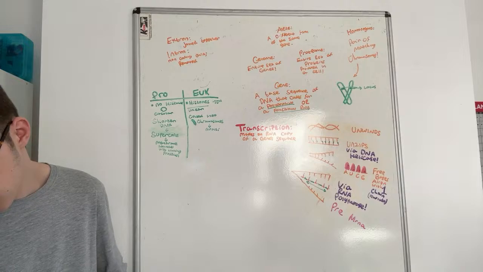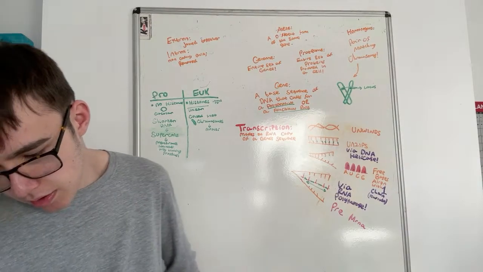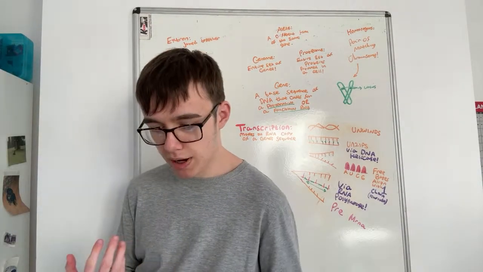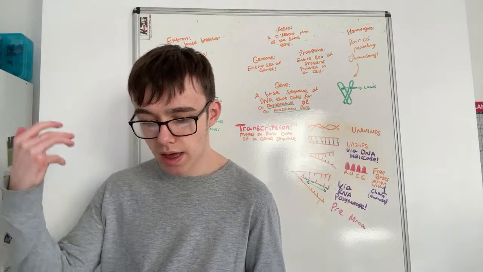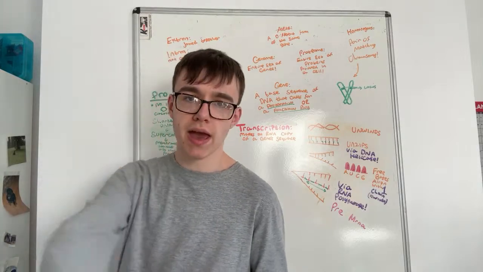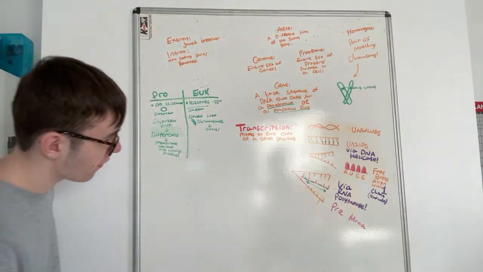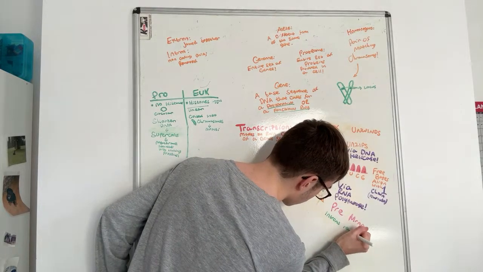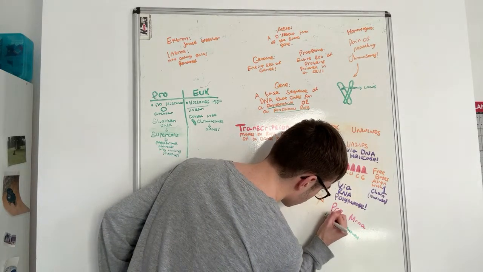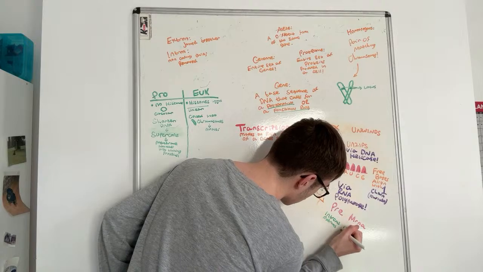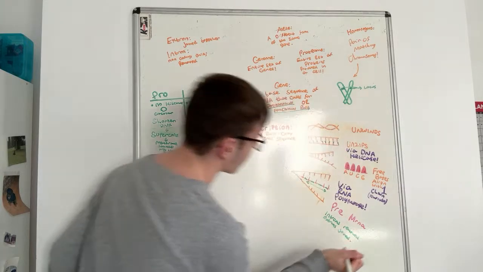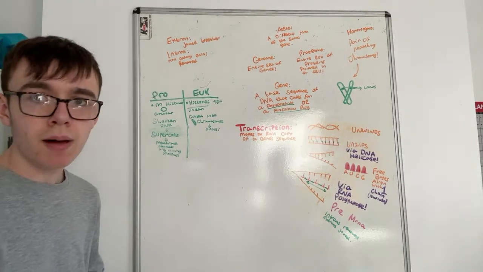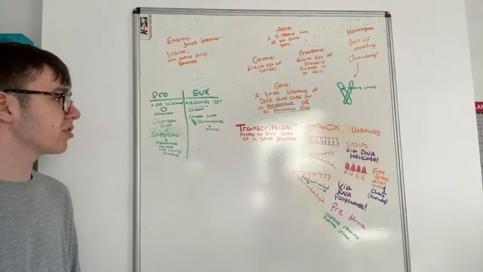Then in the pre-mRNA, the introns are removed, the exons are kept. So there you go. I'm genuinely happy with that. I think this genuinely makes a lot of sense.